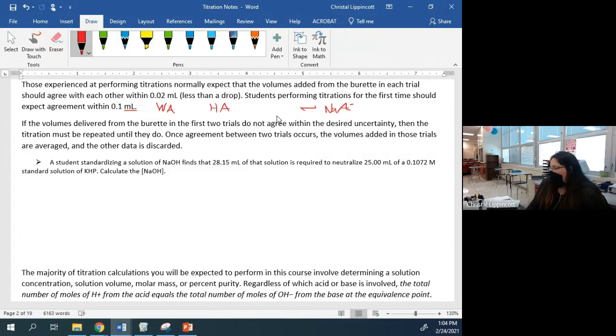So you could have like acetic acid and have sodium acetate here. Or you could have a weak base and the conjugate salt, the salt of that on the other side.